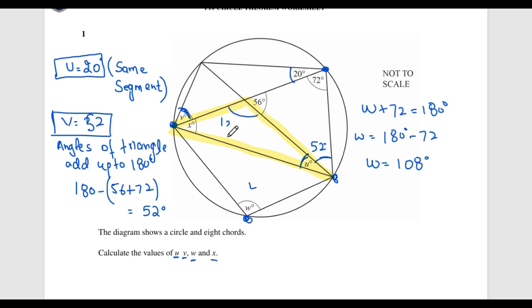Now I know that angles in a triangle add up to 180, so I'll add 124 and 20 and then subtract this from 180. I'll get the value of x as well. After doing all this calculation, I get 36 degrees as the answer for x. And we're done with solving all the variables, so this question is done.